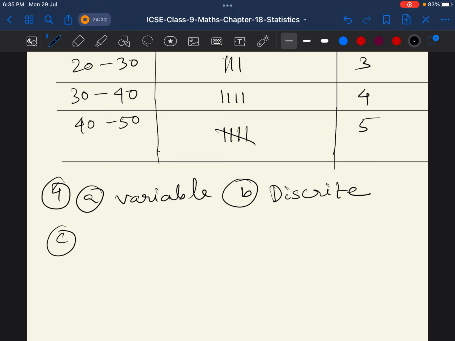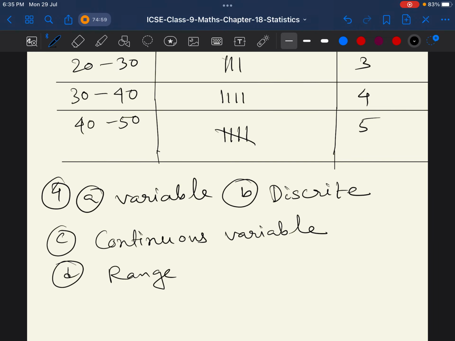C, daily temperature is a dash variable. Daily temperature 50.1, 49.5, 30.5, so this is a continuous variable. Question D, the range of data 7, 13, 6 and so on is dash.